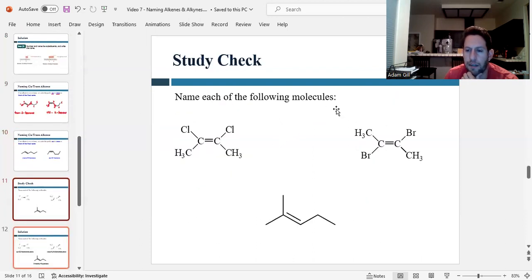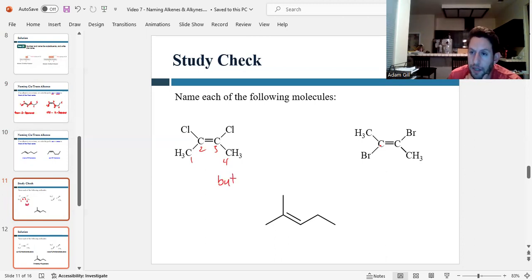Let's do a quick study check. Name each of the following molecules. All right, let's start with the top left. We need the longest continuous chain of carbons, which looks like 4. 1, 2, 3, 4. So that's going to be but.